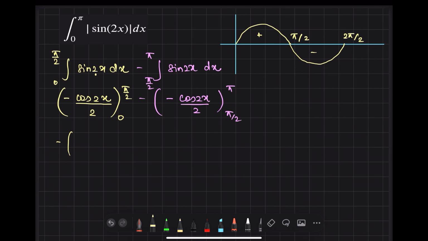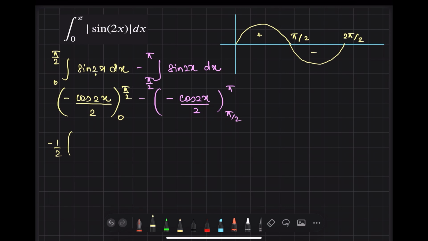Now we have to put the upper limit. I will take minus 1 by 2 common. If you substitute the upper limit, you will have cos pi.